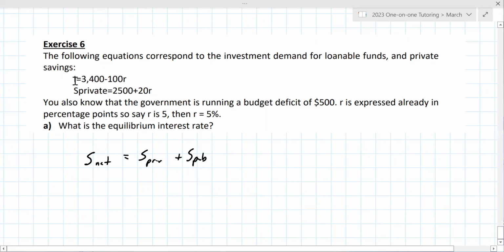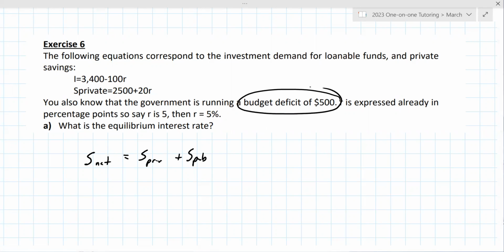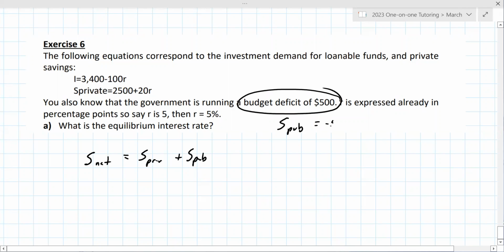They give you I, they give you S private, and they tell you your government is running a budget deficit of 500. So that has to be incorporated into this. That means that S public is minus 500.